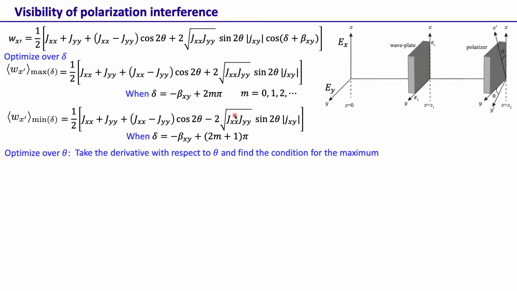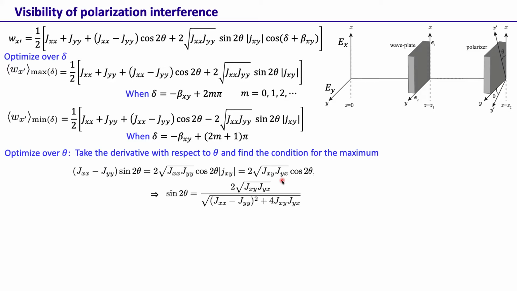So we take this quantity, take the derivative with respect to theta and find the condition for the maximum, which will be this: jxx minus jyy sine 2 theta equals twice square root of jxx jyy cosine 2 theta.